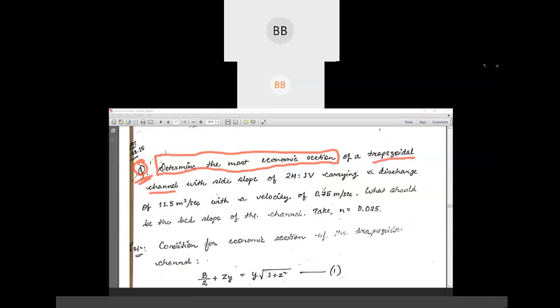So what is given here? Determine the most economic section of a trapezoidal channel with side slope 2 horizontal to 1 vertical, carrying a discharge of 11.5 meter cube per second with a velocity of 0.76 meter per second.